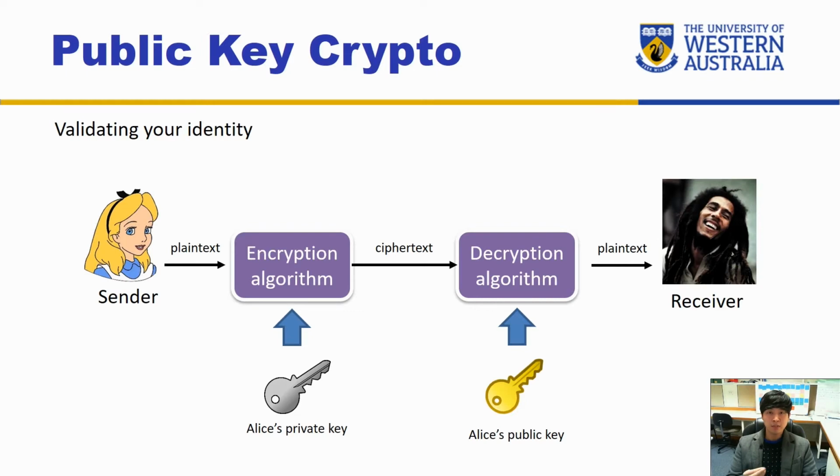The public key is available to everybody else, but the private key is only available to that particular individual. So if Alice encrypts a confirmation message using the private key, and as an outsider you decrypt using Alice's public key and you can see the message, then you know that the message is coming from Alice, because only Alice has the private key. That's the good thing about using a public key crypto system.